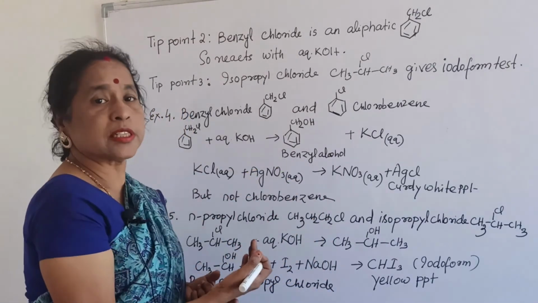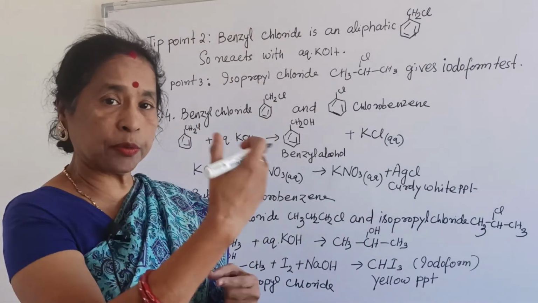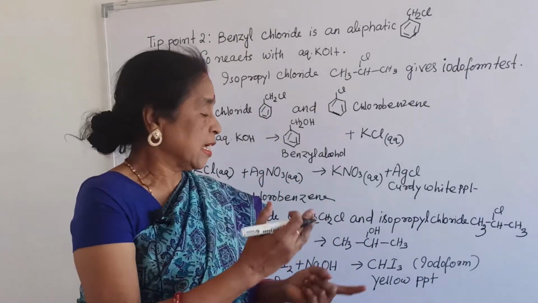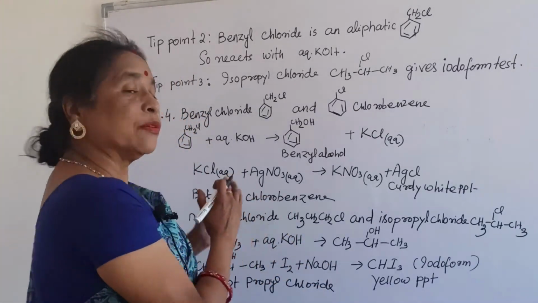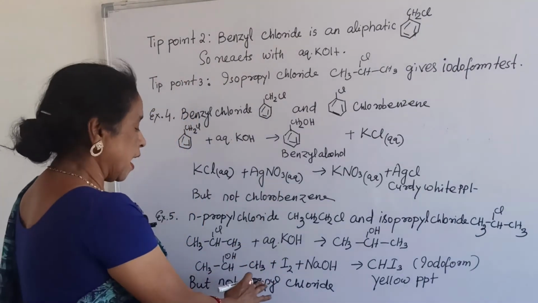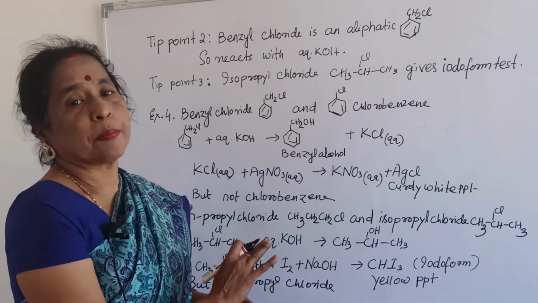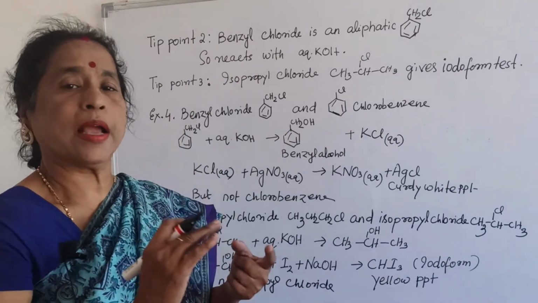In the alcohol chapter you will learn that isopropyl alcohol, when reacted with iodine and NaOH, gives CHI3, iodoform, which is yellow in color. But not n-propyl chloride.